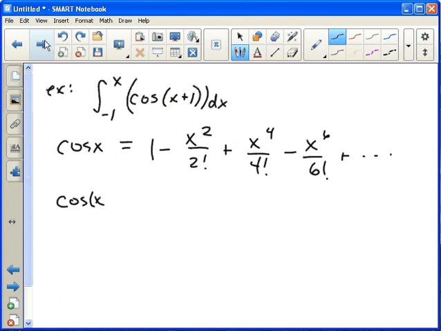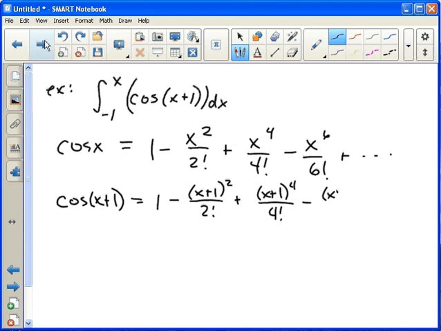So everywhere I see an x, I replace it with x plus 1. Okay, so now my integrand matches. Integrand is just what's inside the integral. And that's your first goal, is to make sure what's inside there matches. Now our next step is to go ahead and take the antiderivative.